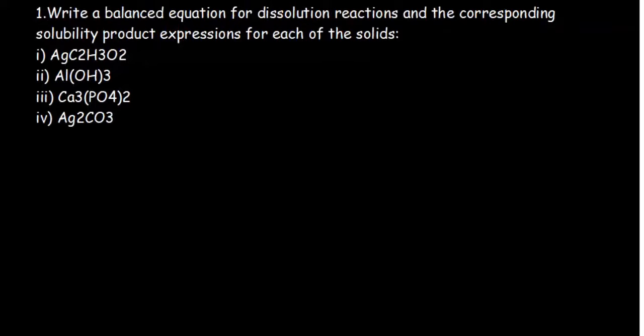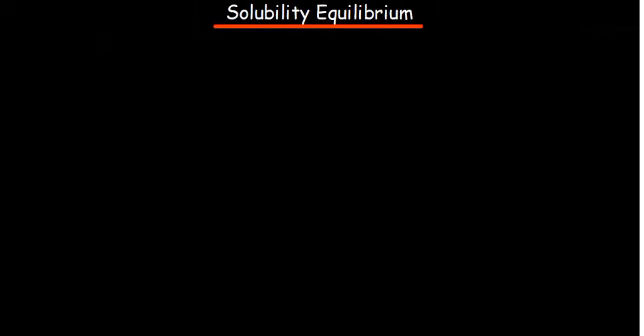Basically, what is solubility equilibrium? What do we deal with under solubility equilibrium? It is a type of dynamic equilibrium that exists when we have a chemical compound in solid state that gets to dissolve. The basic idea is you have a solid, calcium carbonate.